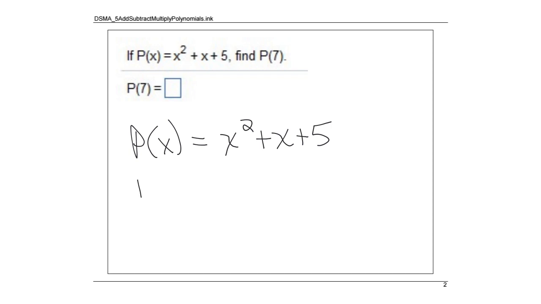So we are going to look for P of 7. What that means is every place that we see an x, we're going to substitute with a 7. Now, I always use parentheses because if it's a fraction or if it's a negative number, we have to have the parentheses, especially if we're going to put these into our calculator.